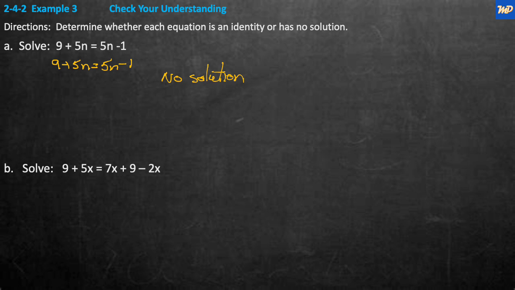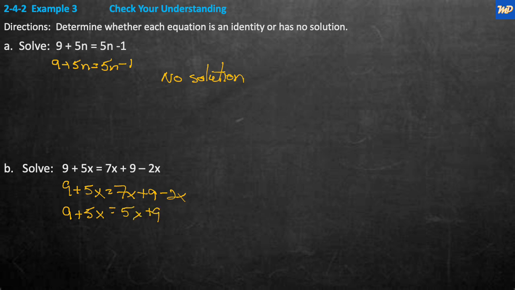And how about this one? 9 plus 5x is equal to 7x plus 9 minus 2x. Well, we're going to combine the two x terms on the right. So we're going to get 9 plus 5x. That's what they ask us to do. 7x minus 2x is 5x plus 9.